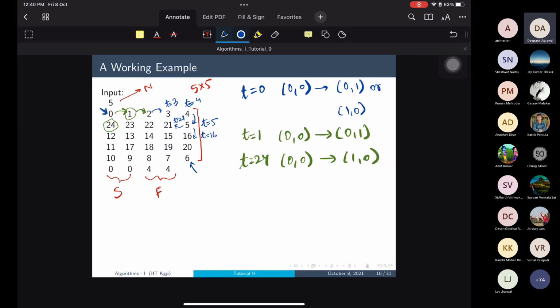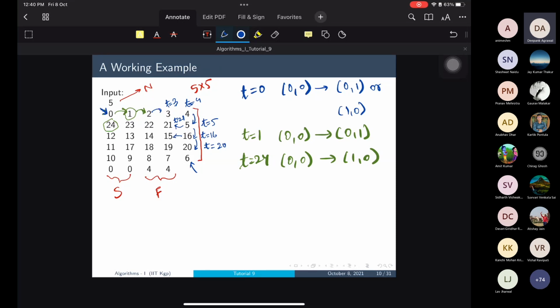Okay, so let's move to 16. From 16 we can go directly without any time consumption, because 15, 14, 13, 12, 11, it will take the step. I'm just mentioning that you can move to t equals 20.